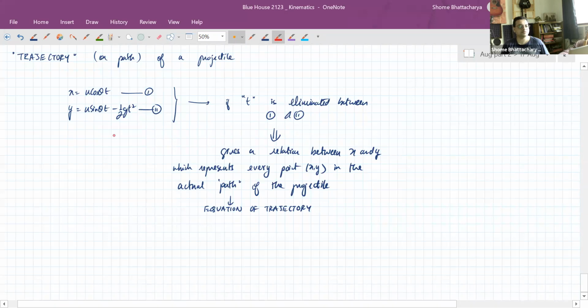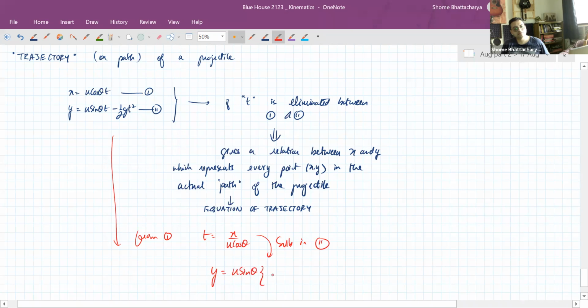So how do we eliminate time between these two equations? From equation 1, we take the value of t as x upon u cos theta, and we substitute this in equation 2. So we now get this relation that y is equal to u sin theta into time, which is x upon u cos theta, minus half g t square. So you can see now that we are getting a relation between x and y.